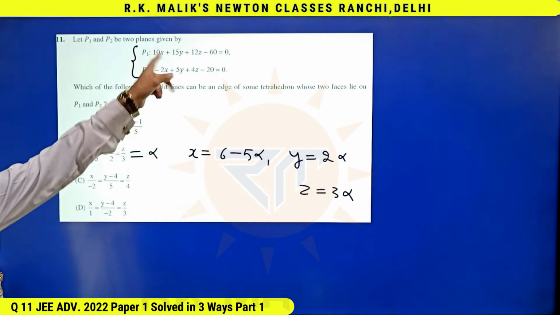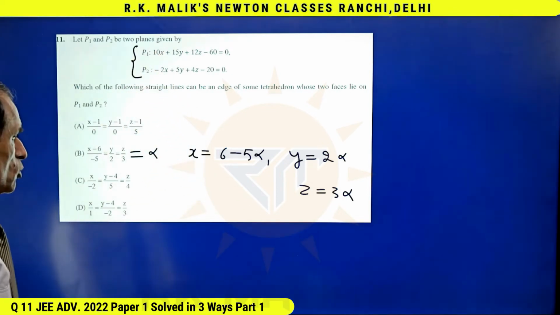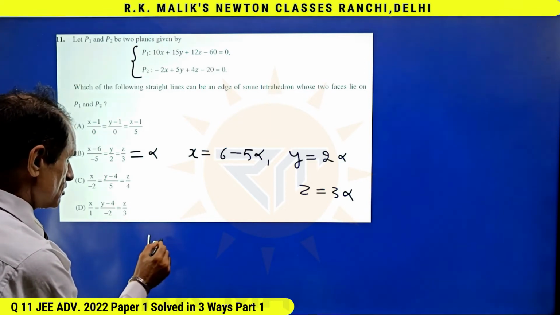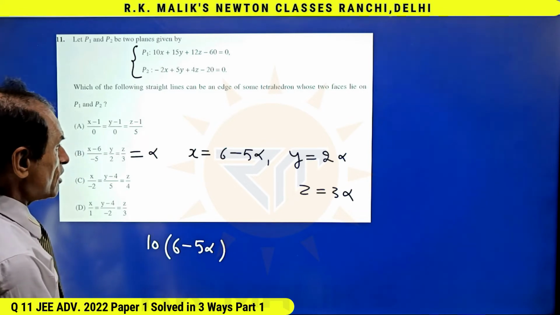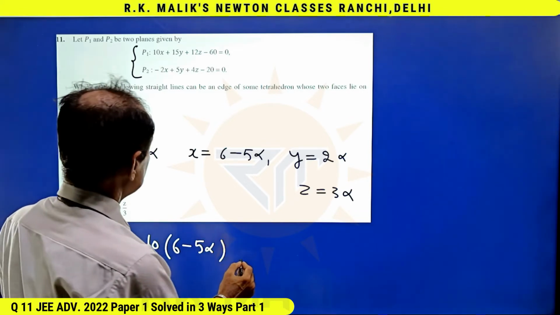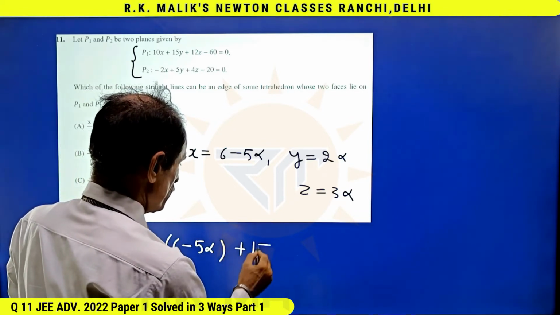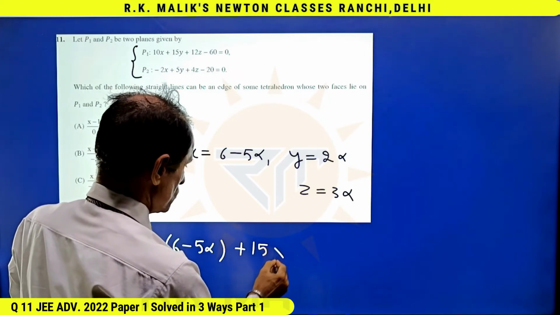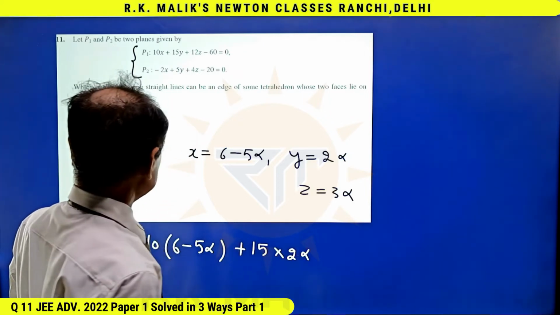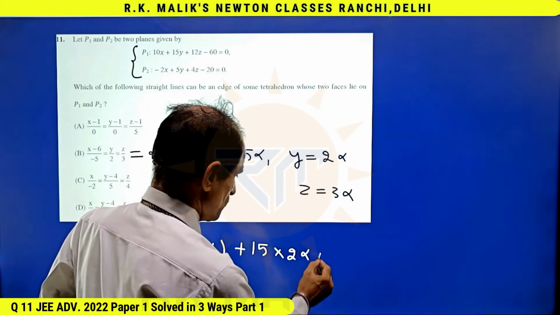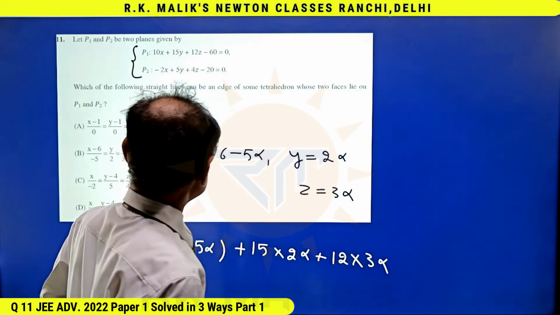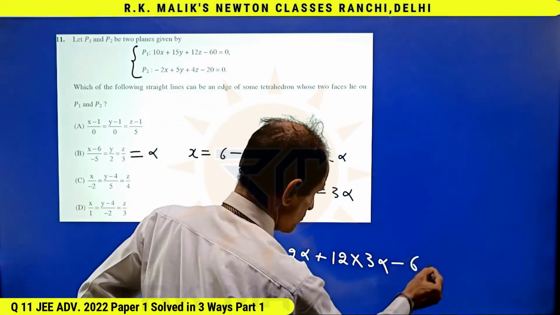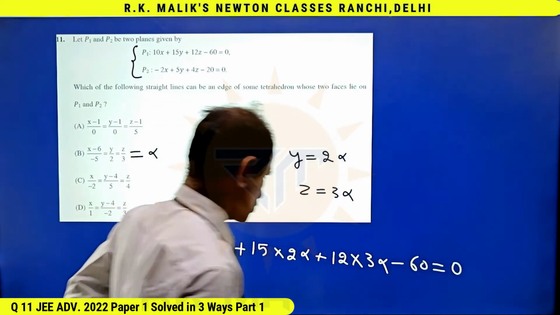Putting this point in this plane, you will get 10 into (6 minus 5 alpha), 15 into 2 alpha, plus 12 into 3 alpha minus 60 equal to 0.